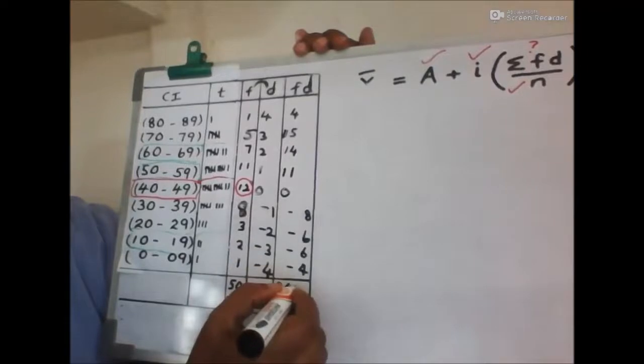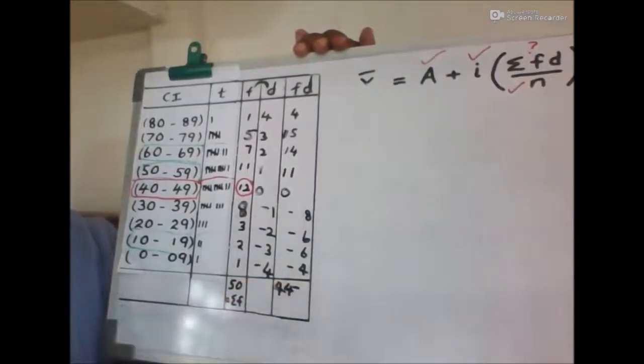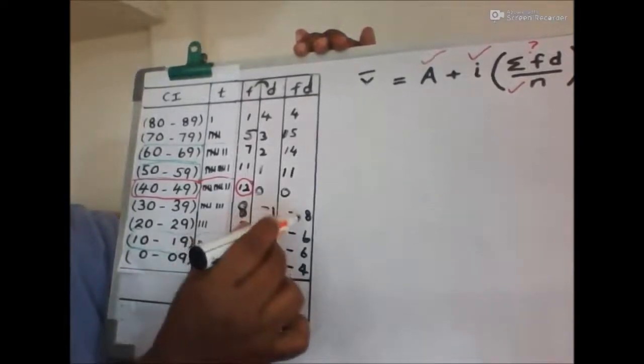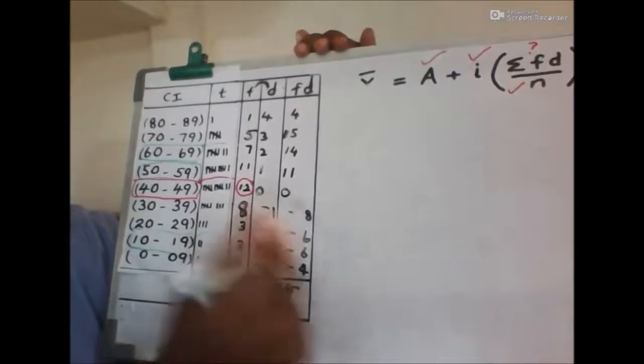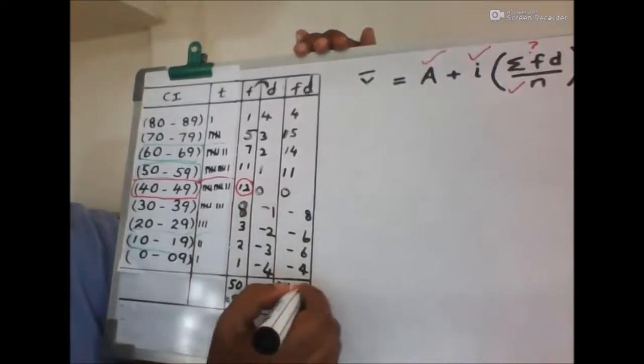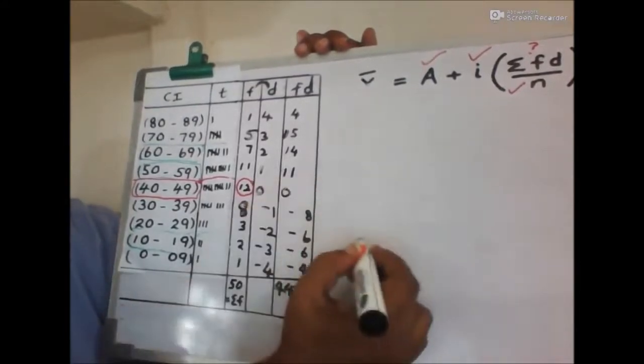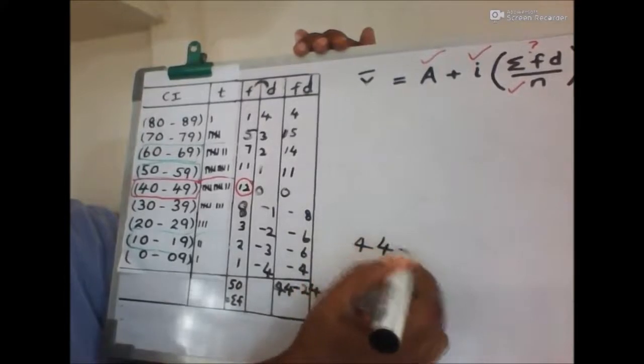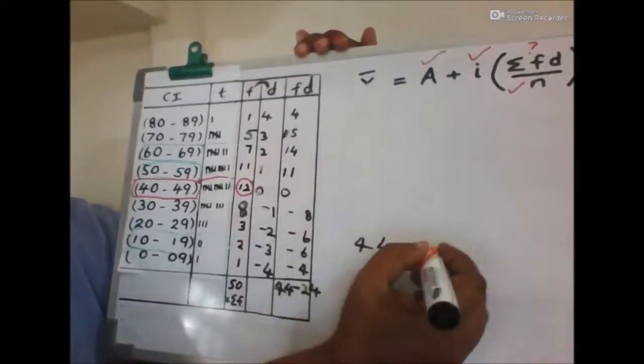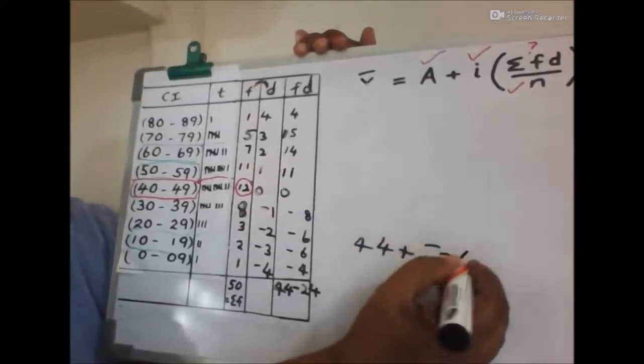Then put this mark here. Minus: get the values here, 10, 18, 24. So we have 44 plus, and we add all these minus 24.